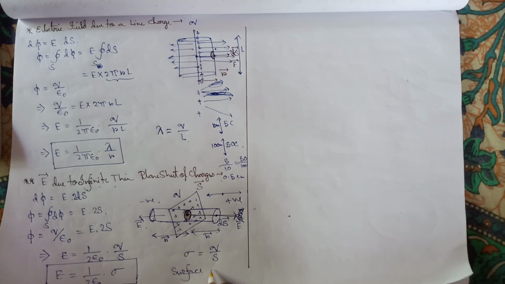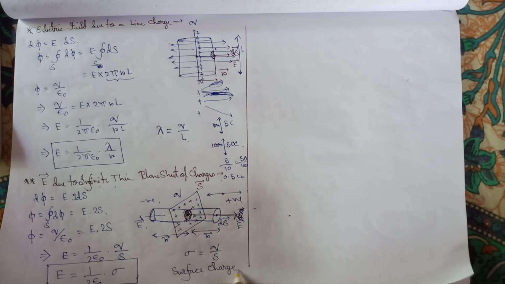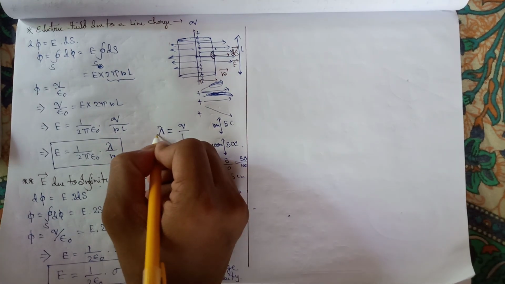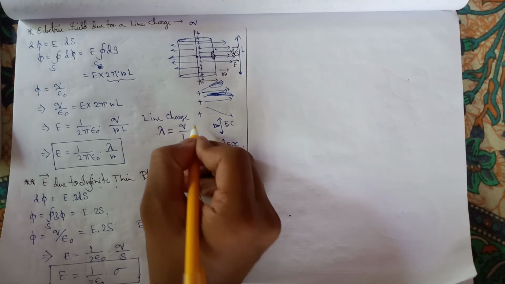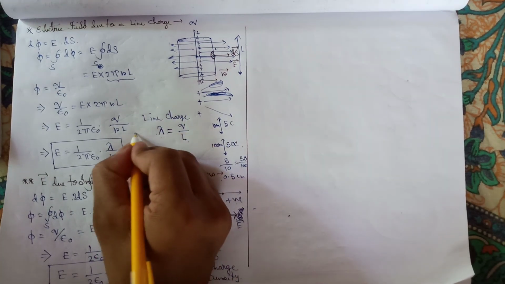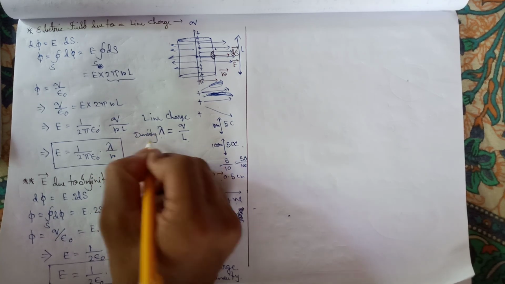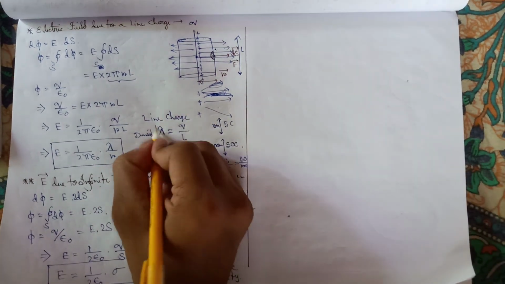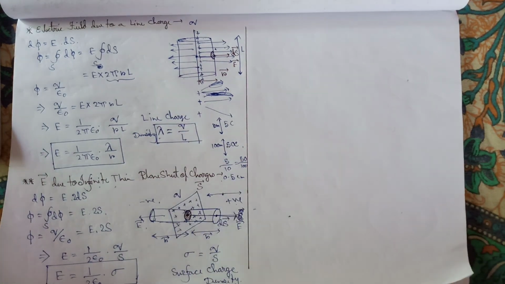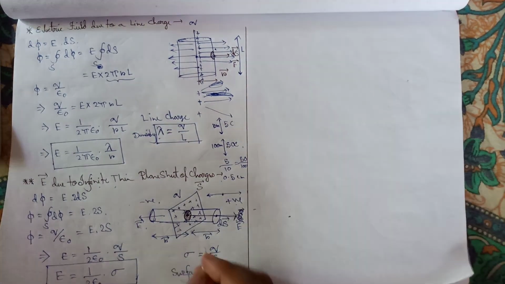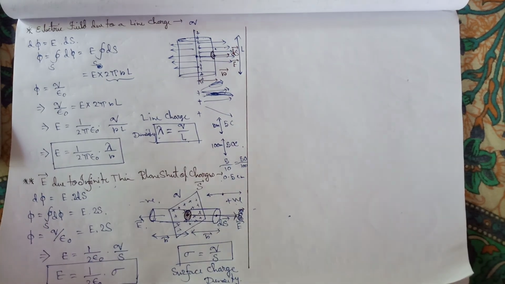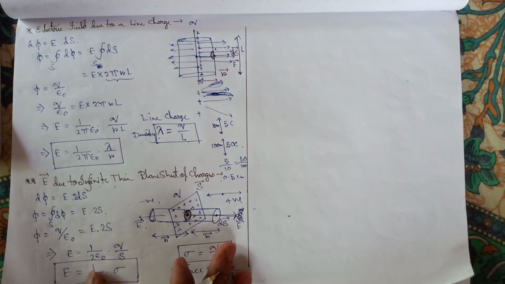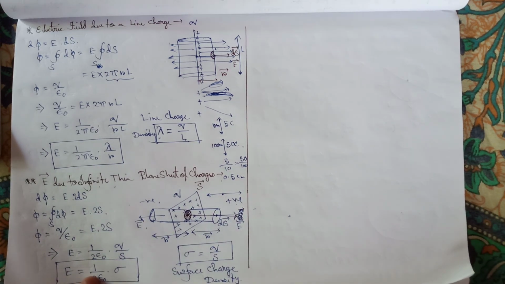And lambda is known as line charge density, as sigma is known as surface charge density. Now the electric field here is positive, and in the reverse direction it will be negative.